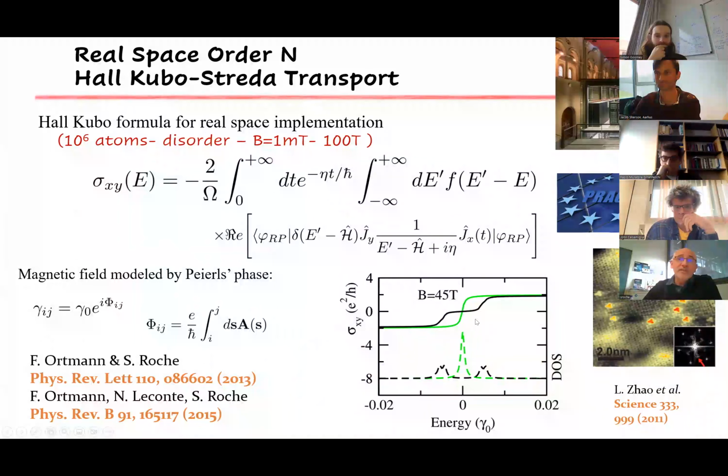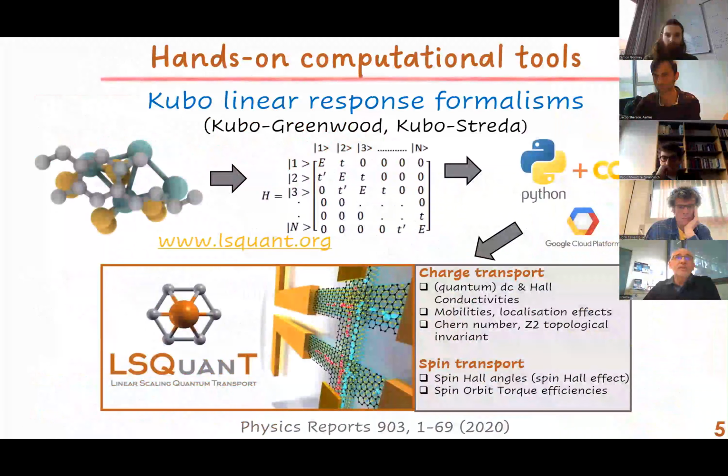We achieved the simulation of very large disordered systems with a magnetic field as small as 1 millitesla, which was unprecedented with existing tools. These tools are also easily parallelized and can be transferred to high performance computing platforms.